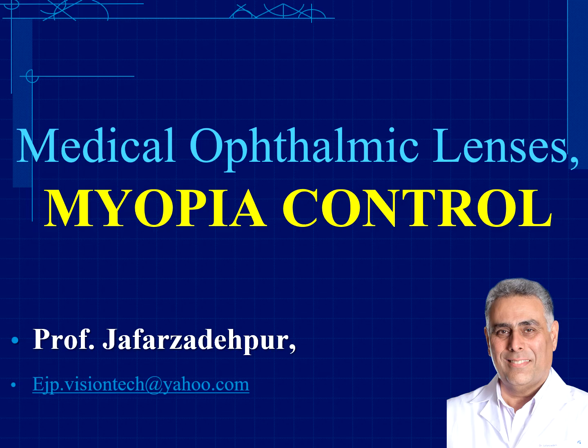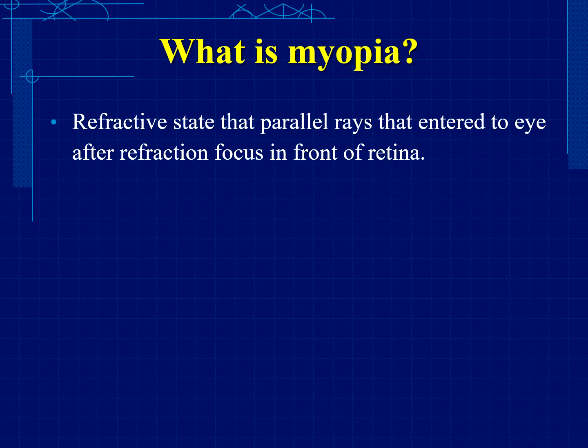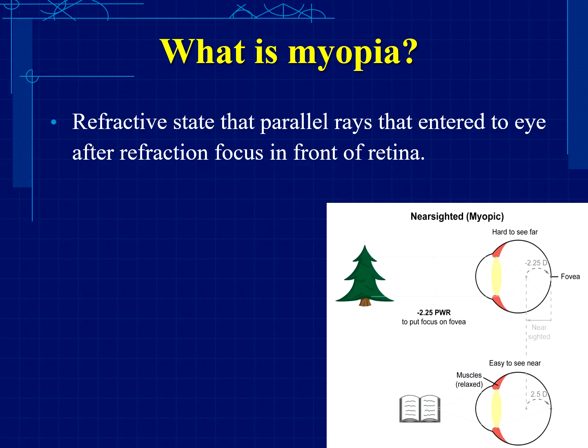However, the first question is what is myopia? Myopia is a situation in which the patient sees very far objects, such as this tree in the picture that you can see in the upper side of this picture, and the parallel rays that come from the tree to the eye are focused in front of the retina.